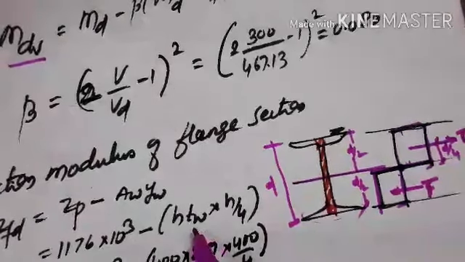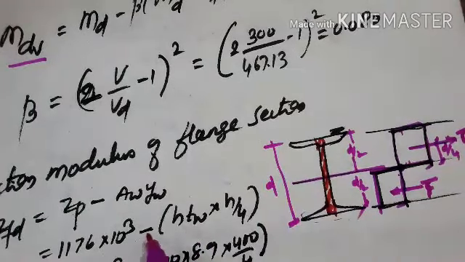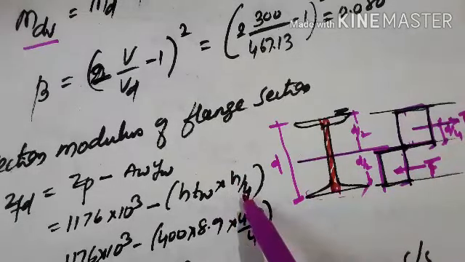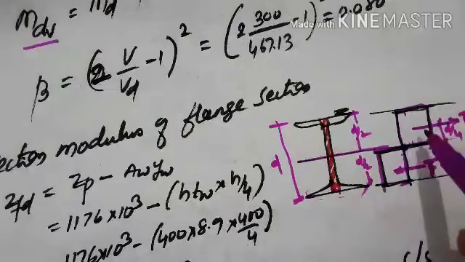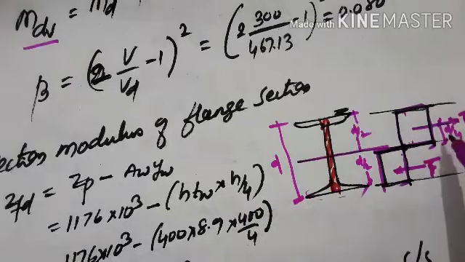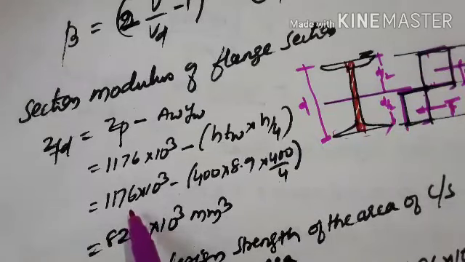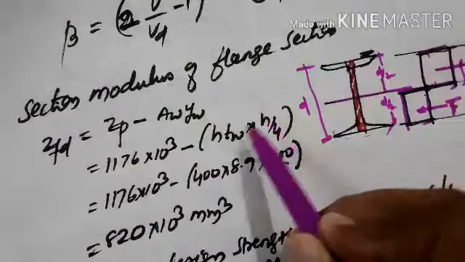Then you have to take the area of web, that is H into TW, that is area multiplied by H by 4. Okay. H by 4. Then substitute the values here.